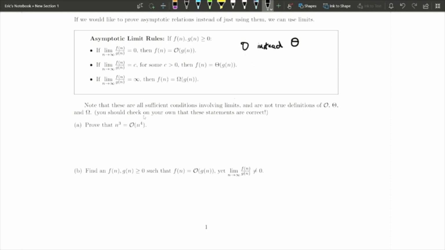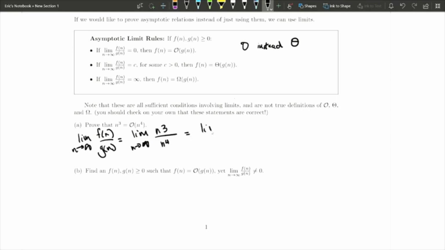With that in mind, let's go over question 1a. Prove that n cubed is big O of n to the power 4. We can use this asymptotic limit rule over here. Let's just directly apply the limit. So f of n over g of n equals the limit as n approaches infinity of n cubed over n to the power 4.